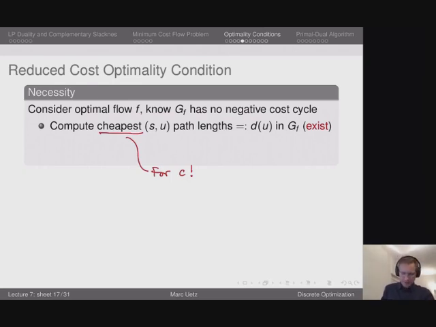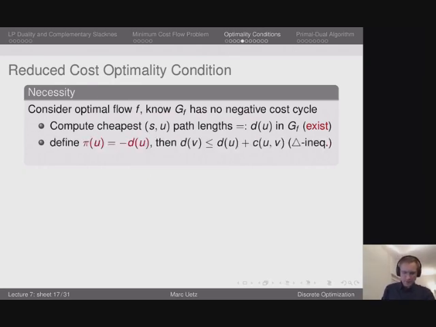All right. So once we have computed that, we define the potential of a node U as the negative of these cheapest path lengths. So pi of U is defined as minus D of U, where D is the distance from the source to U. Because these are shortest path lengths, they fulfill the triangle inequality.